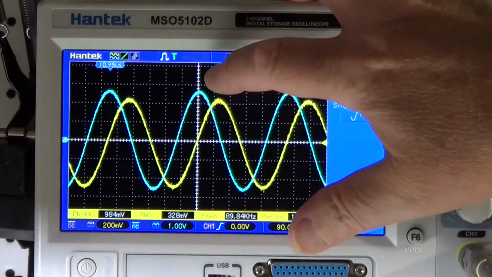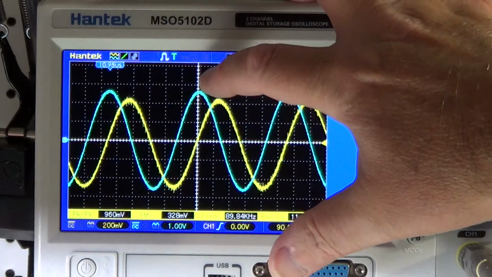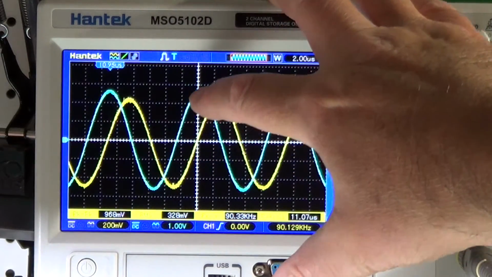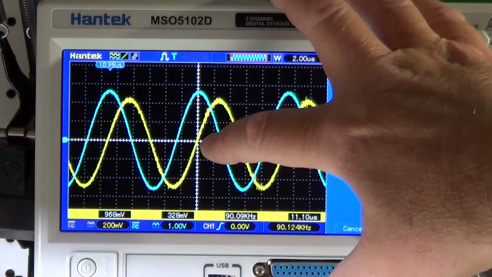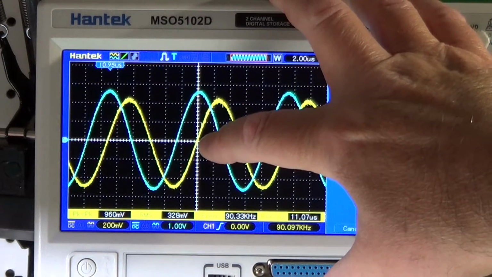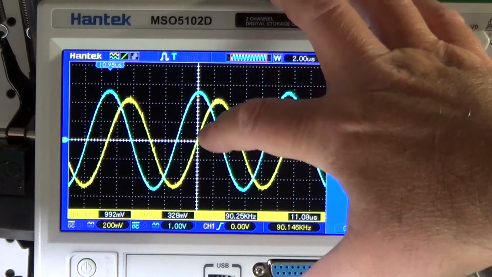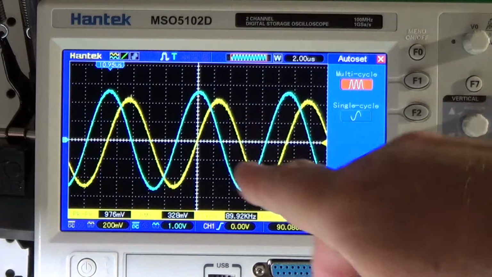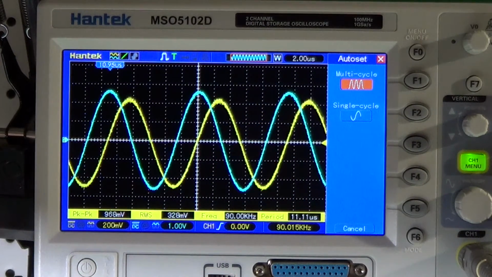Look, when the blue wave is at its top, so is already at 90 degrees from the beginning of the sine wave, the output is just about to begin. So we have a 90 degree phase shift, negative 90 degrees, because the output of the filter is basically lagging behind the input.